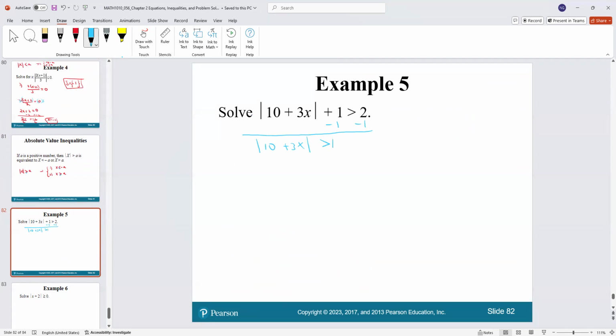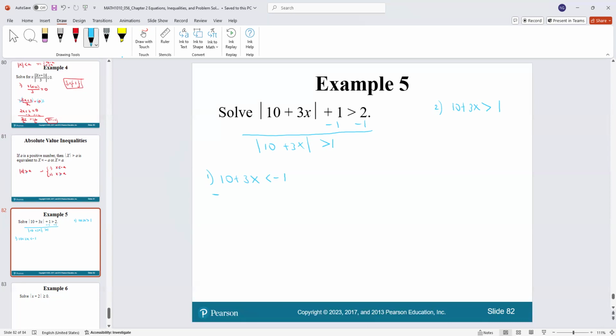Because we have greater than, we know we're gonna have two equations: 10 plus 3x less than negative 1, and 10 plus 3x greater than 1.